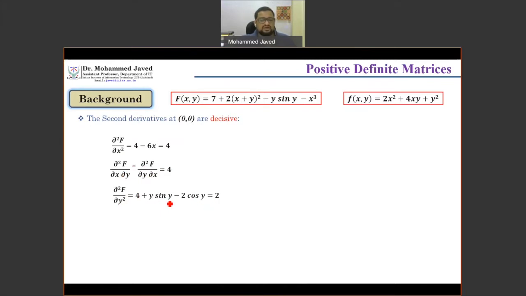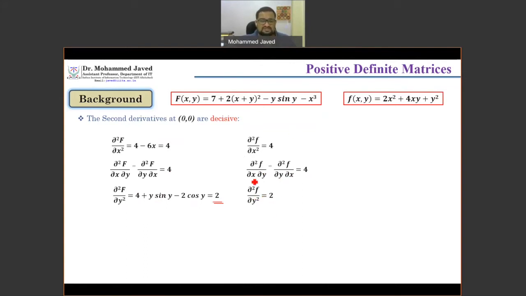If you substitute x equal to y equal to 0, you get 2 as the answer. Similarly, for the other function, small f(x, y), del 2f by del x square gives 4, del 2f by del x del y and del 2f by del y del x equal 4, the same values. Finally, del 2f by del y square also gives you 2.